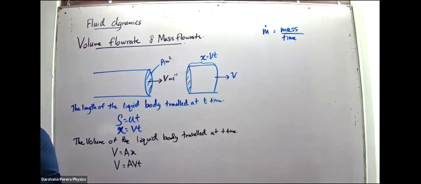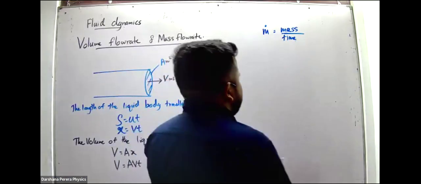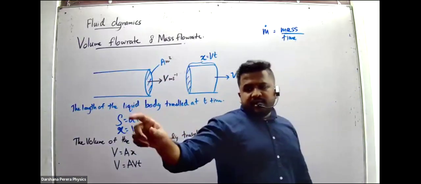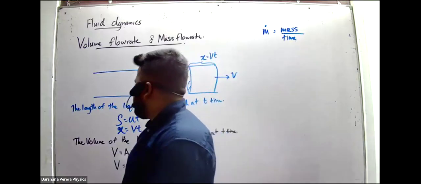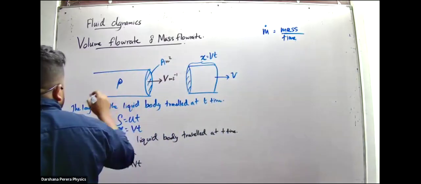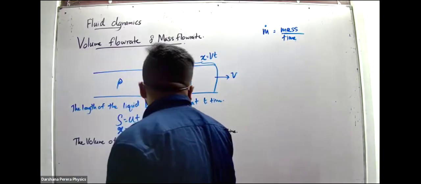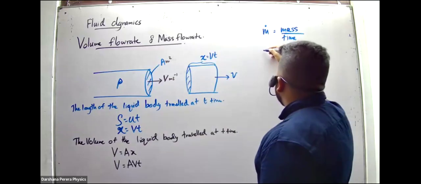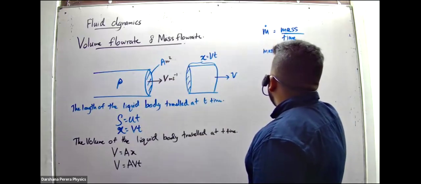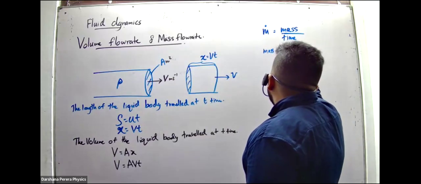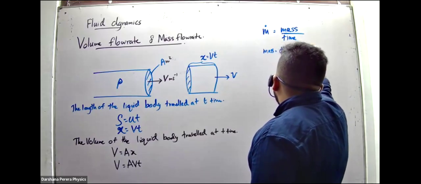Mass flow rate. If the density of the fluid is taken as rho, so mass equals density into volume, no?